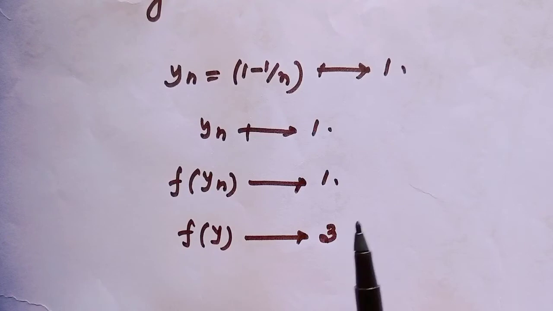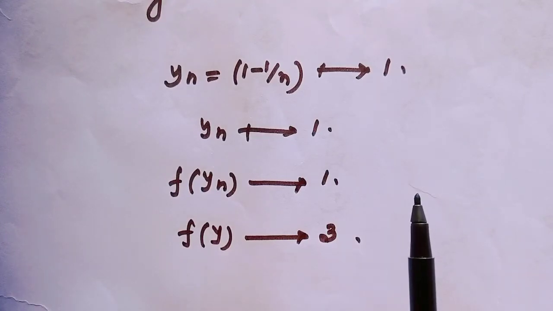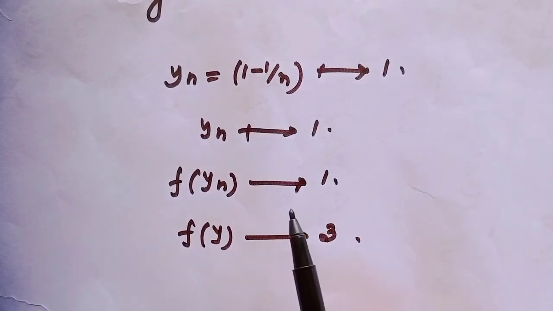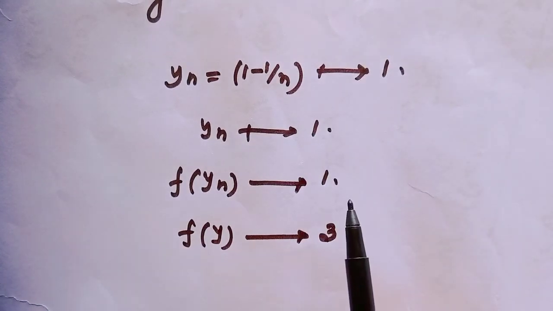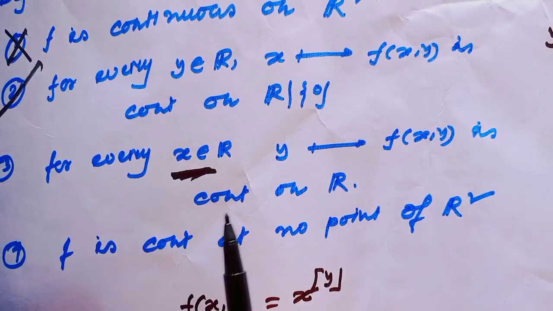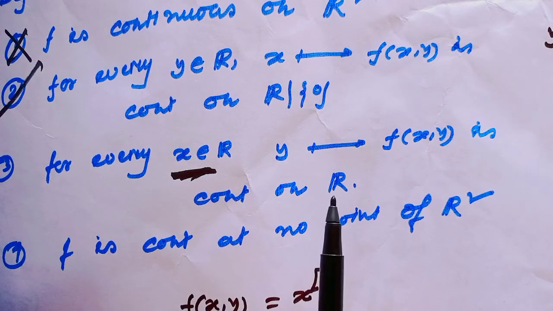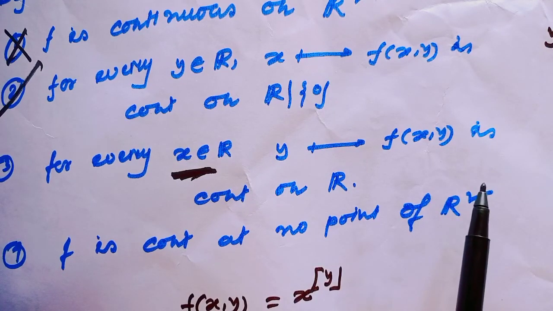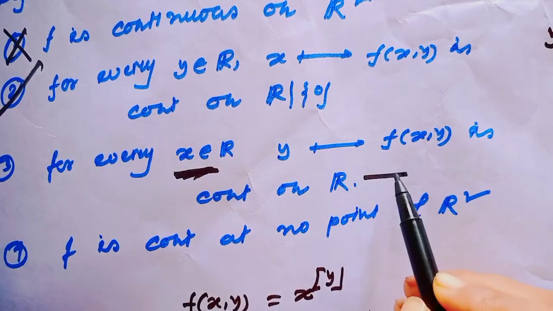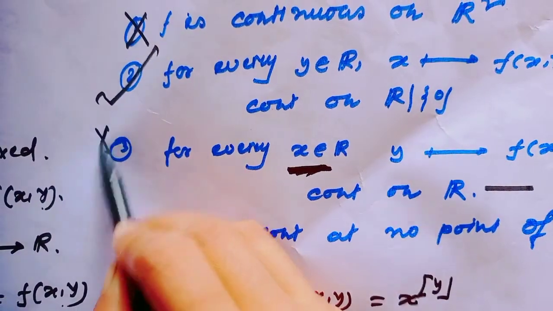Because here the sequential criteria has broken, because yn converges to 1, but f of yn does not converge to f of y. So when x is fixed, the function is not continuous on the whole real line. So this option is a wrong option.